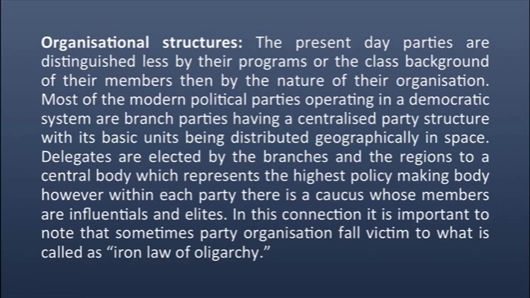Organizational structures. The present day parties are distinguished less by their programs or the class background of their members than by the nature of their organization. Most of the modern political parties operating in a democratic system are branch parties having a centralized party structure, with its basic units being distributed geographically in space.